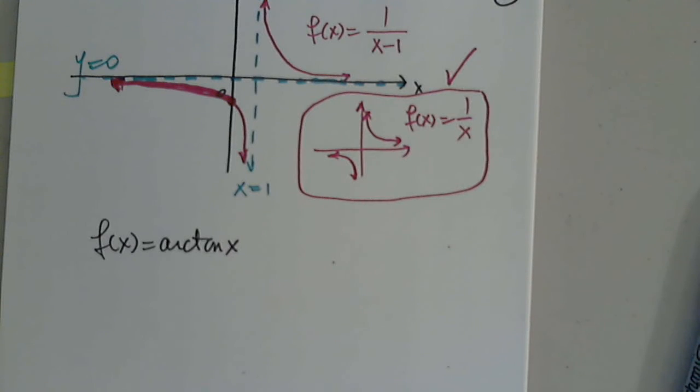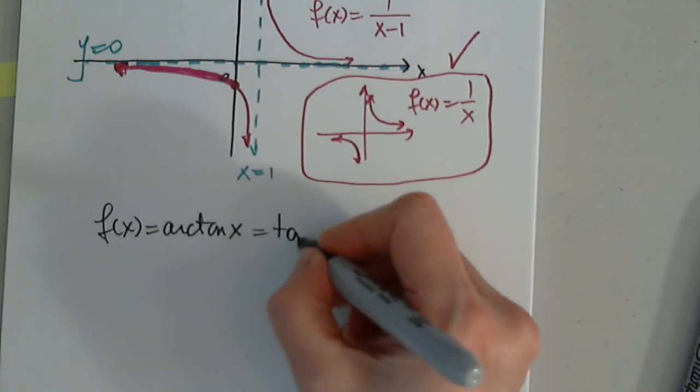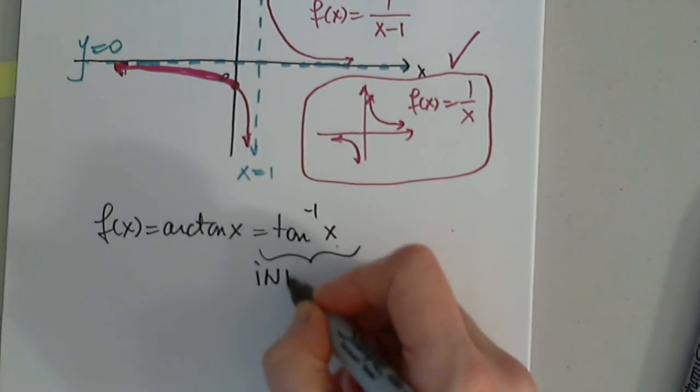Oscar, are you with us? Yes, but I'm not gonna try. Okay, anyone would like to try? You could write it as tangent to the power of -1 of x, and that means inverse of tangent.